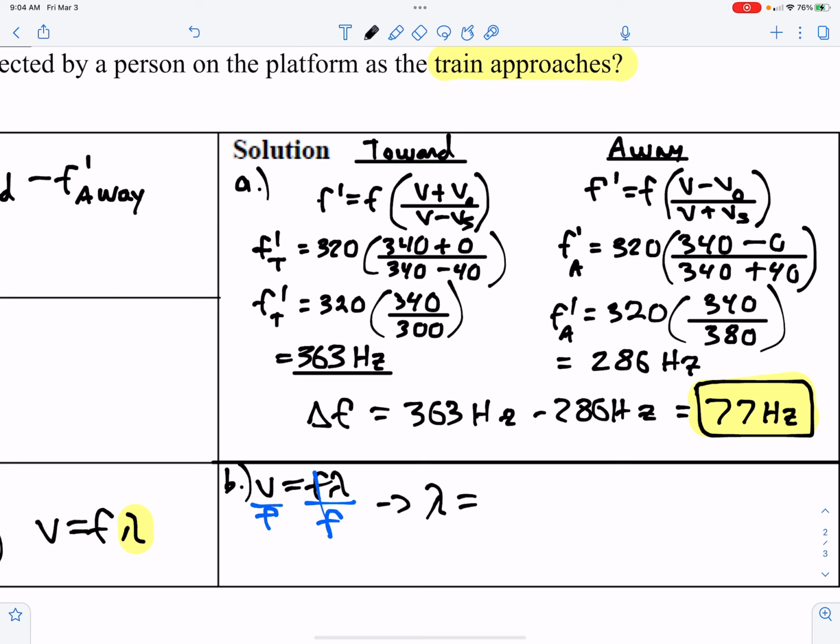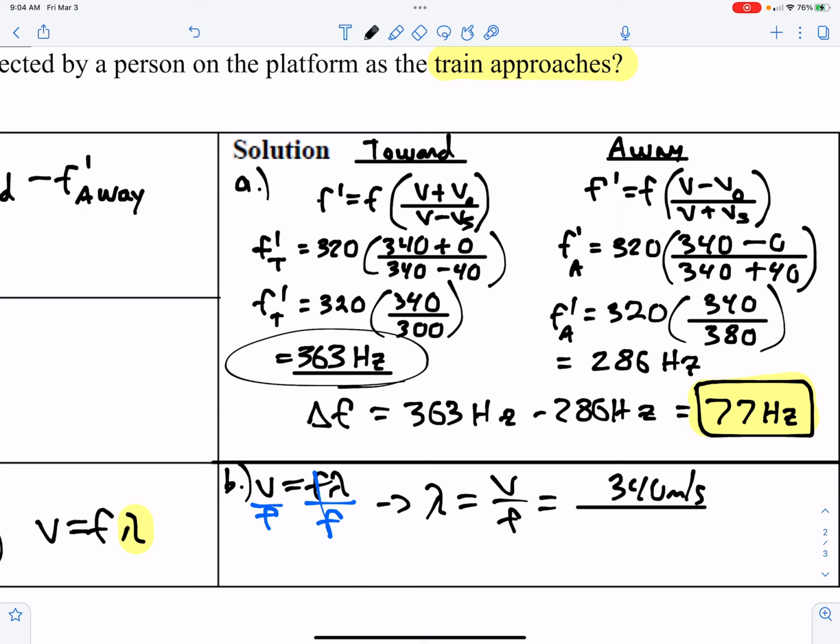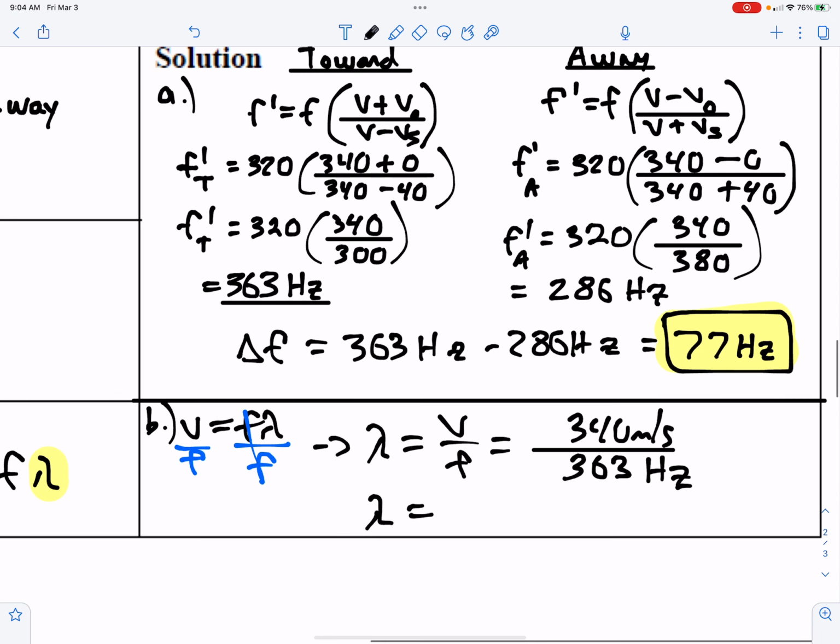And the wavelength is the wave speed divided by the frequency. So plugging in, we've got 340 meters per second over the frequency as it's coming toward you, 363 hertz. Okay, and we get a little less than 1, about 0.936 or about 0.94 meters.